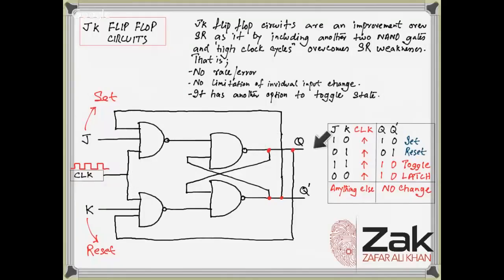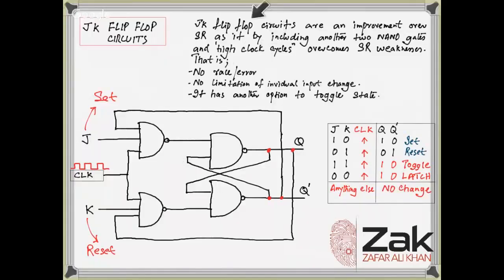So only the input at the time when the clock is high is taken into consideration, otherwise it is left. When the clock is low, we are not taking it into consideration.